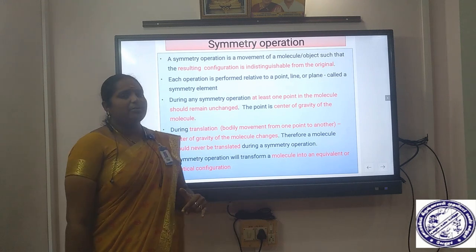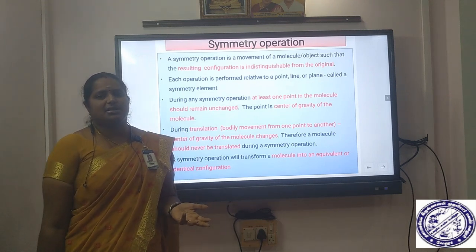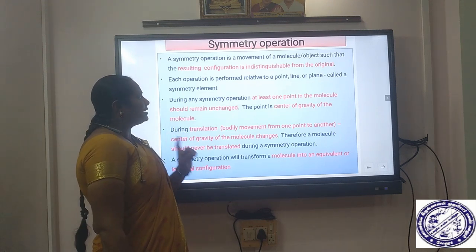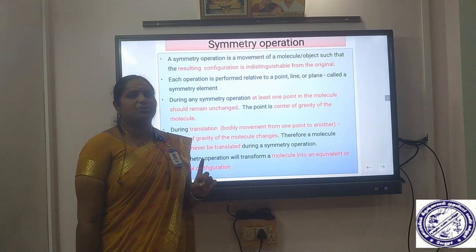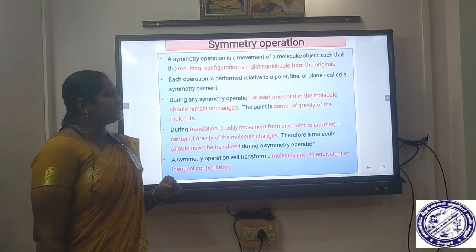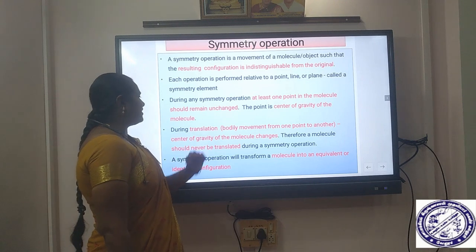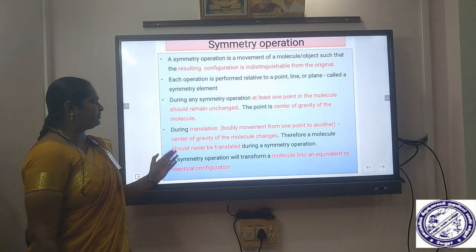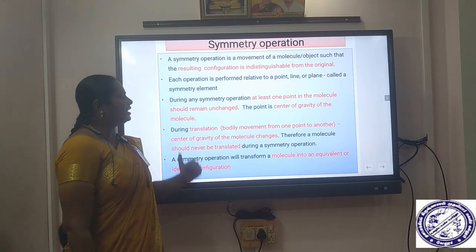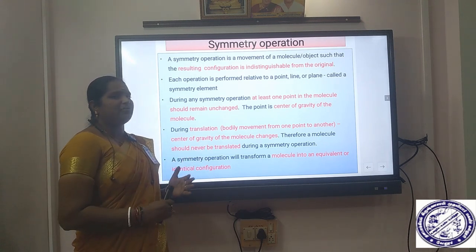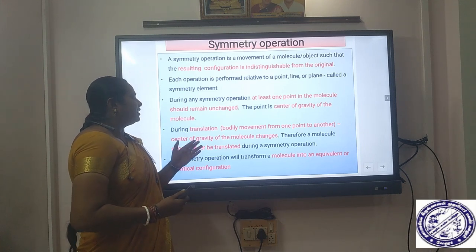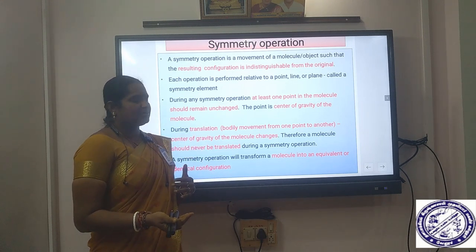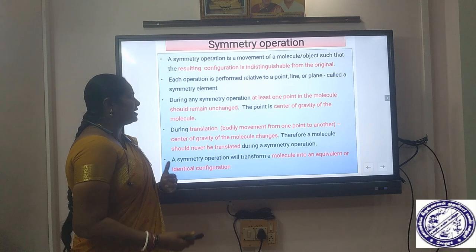During a symmetry operation, to get the indistinguishable structure, there should be at least one point in the molecule that is unchanged. That point is called the center of gravity. Translation is a bodily movement from one place to another, and the center of gravity will change.